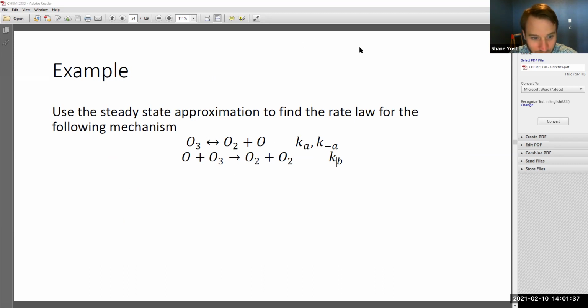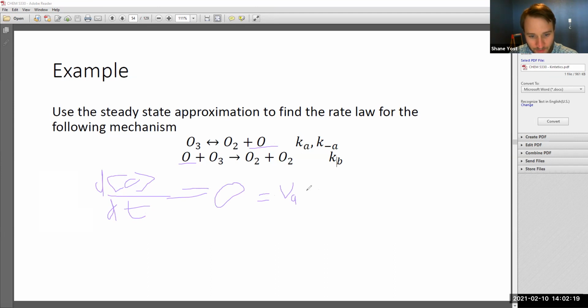Here, our intermediate in this case is the oxygen atom. So you'd say d[O]/dt equals 0, which then equals the change in concentration of O as a function of time. Well, we know O is being formed by the first reaction at a rate vA, because O is being formed in that first equilibrium reaction in the forward direction.